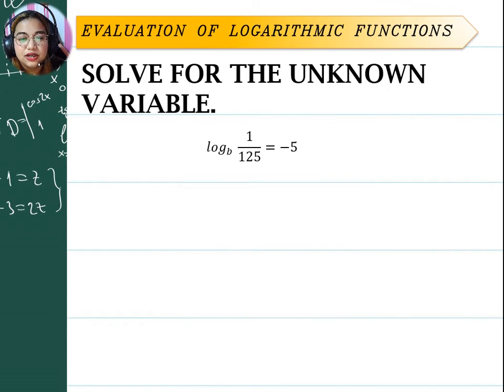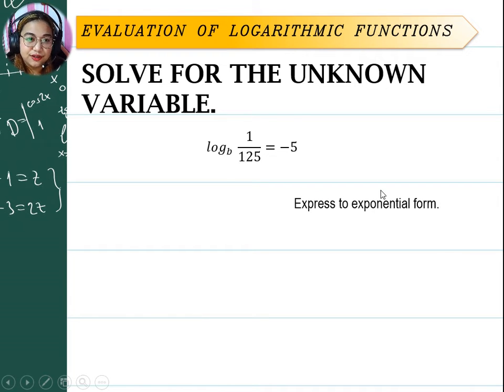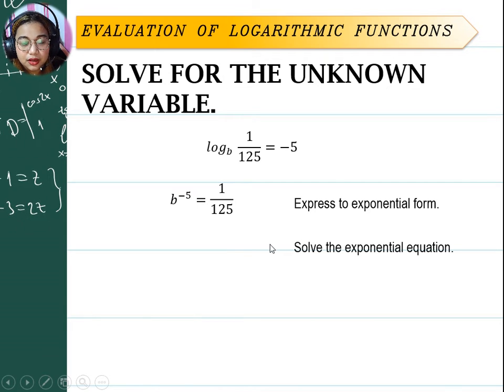Okay, one more. So, logarithmic of 1 over 125 equals negative 5. So the missing variable or the unknown variable is our base, which is yung b. So, gawin muna natin siyang exponential form. So we have here b raised to negative 5 equals 1 over 125. Now, we have to solve the exponential equation.